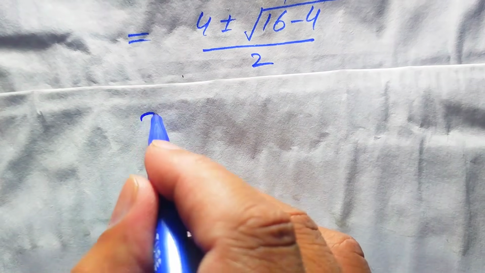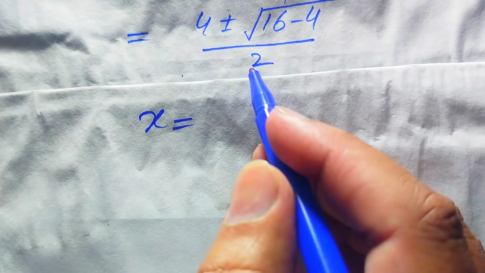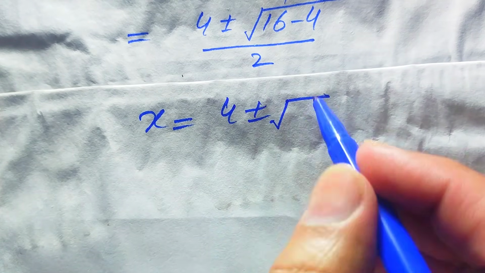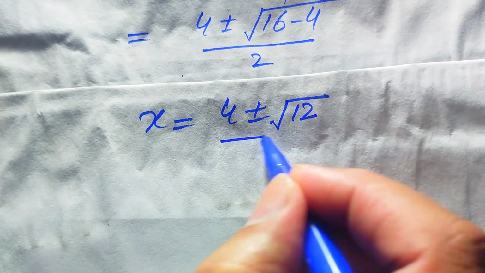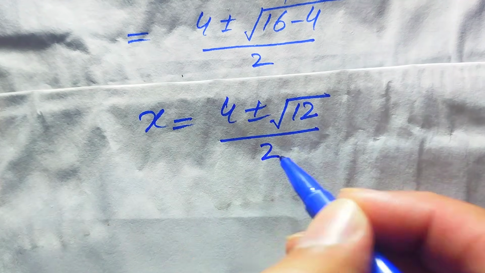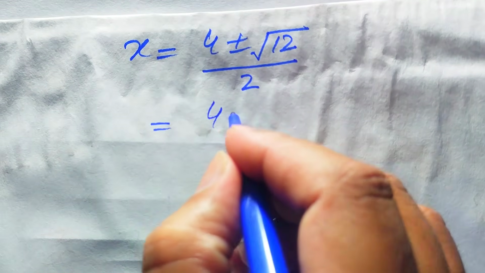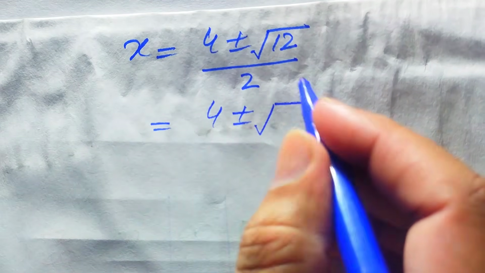And further in the next step we have x equals, here we write this term as 4 plus minus square root of 16 minus 4, which becomes 12, and it is divided by 2. Further we need more simplifications, and it becomes 4 plus minus square root of 12.